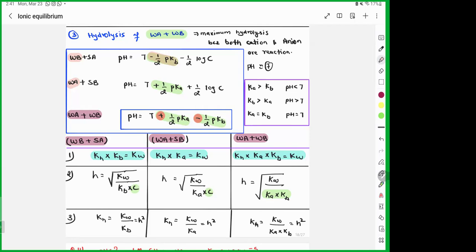More than teaching, I want you to get this properly. This is the summary of the complete hydrolysis topic.